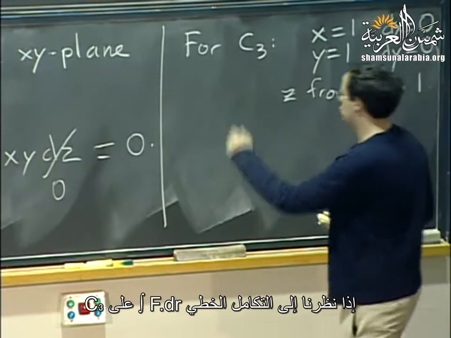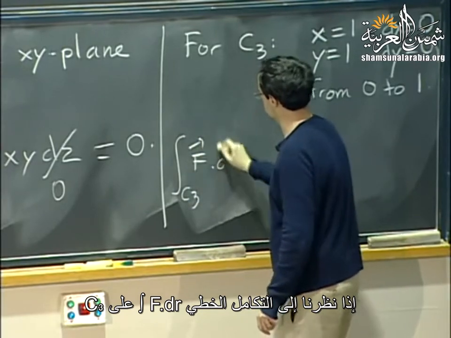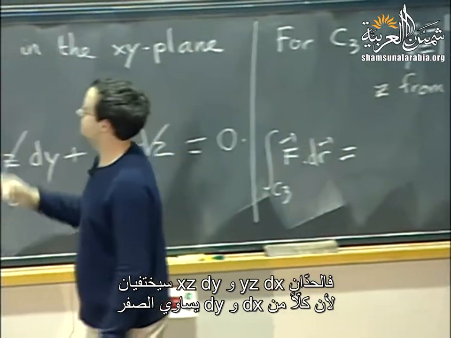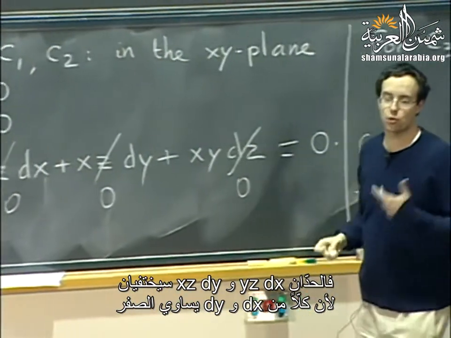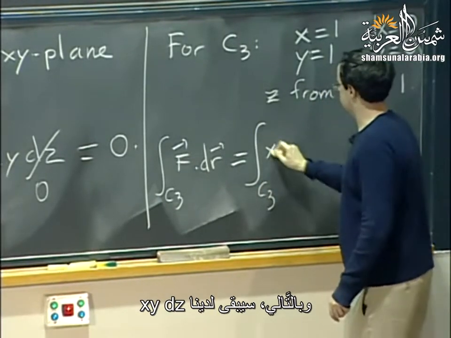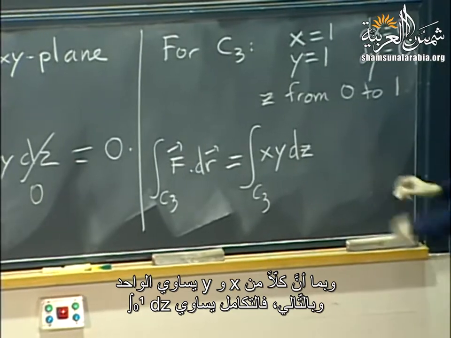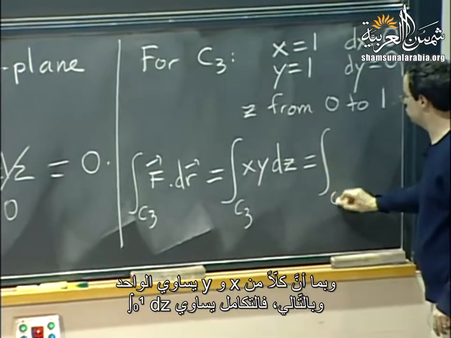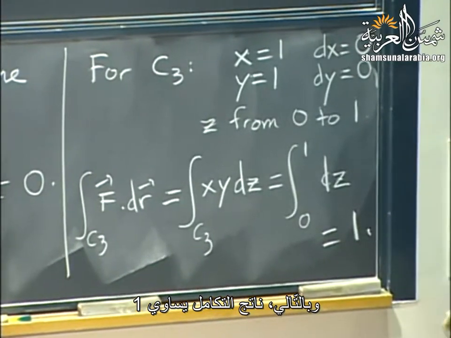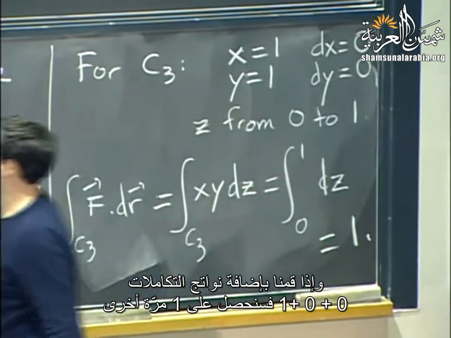So if I look at the line integral on C3, well, the first 2 terms, yz dx and xz dy, go away because dx and dy are 0. So I'm just left with xy dz. But because x and y are 1, that's just the integral of dz from 0 to 1. And that will just end up being 1.